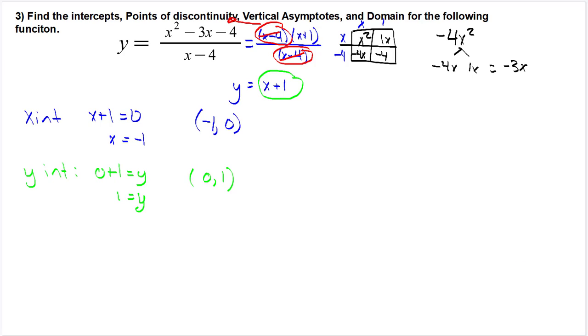And then this time we do have a hole because we do have a canceled factor. And that's that x minus 4 that got canceled. And so our hole, our removable discontinuity, is x minus 4 equal to 0. And so our hole is going to happen at x equals 4.